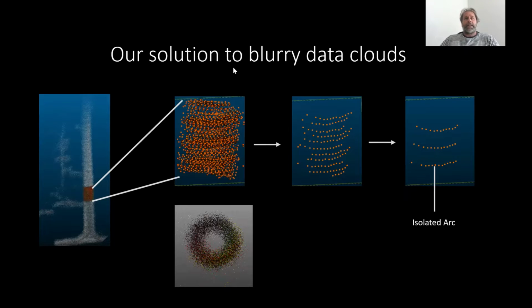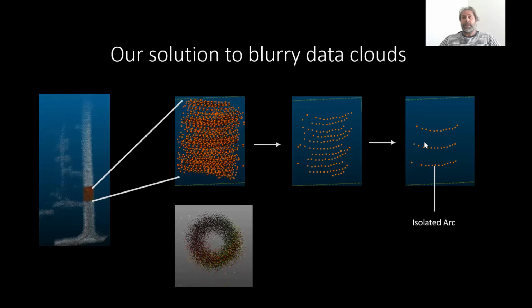So we still have that slice here, and we realized that through a series of filters, we could isolate the arcs that form that slice. These arcs are like a snapshot taken by the sensor at a very precise time, and there is no noise on these arcs.